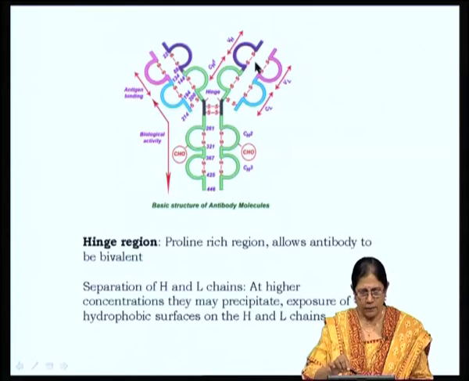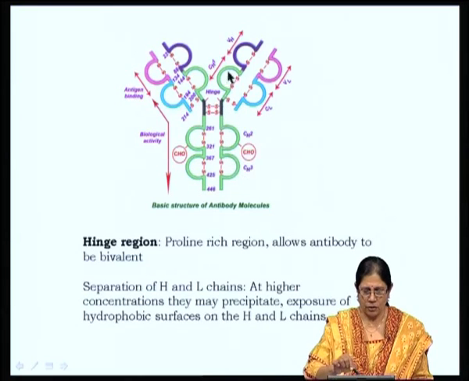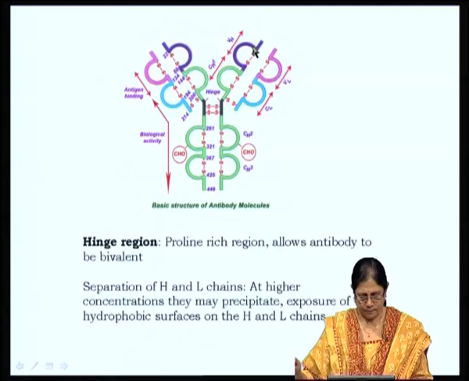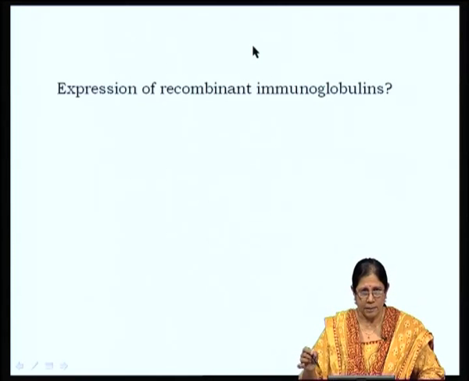We do know that binding of the immunoglobulin molecule or the antibody molecule to the antigen is more dependent on the structure of the heavy chain. Now, like I said, heavy chain separated from light chain, though it can bind to the antigen, the affinity of the binding comes down tremendously.